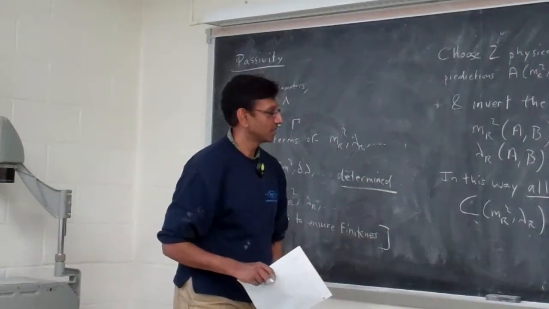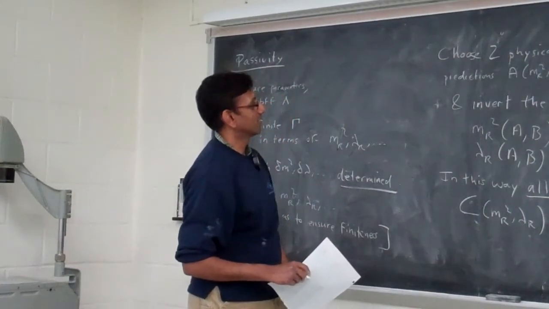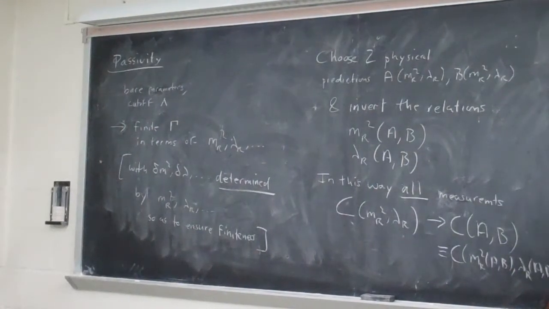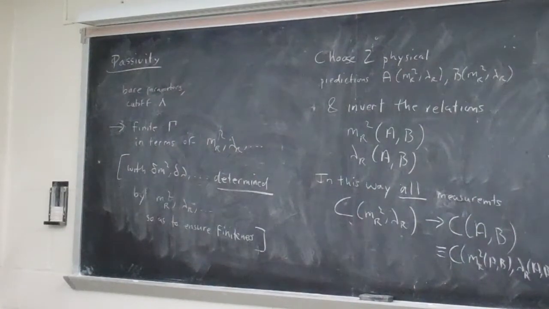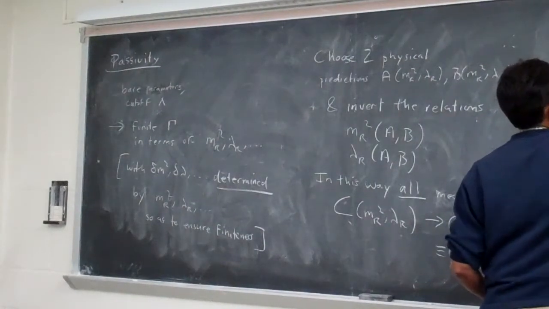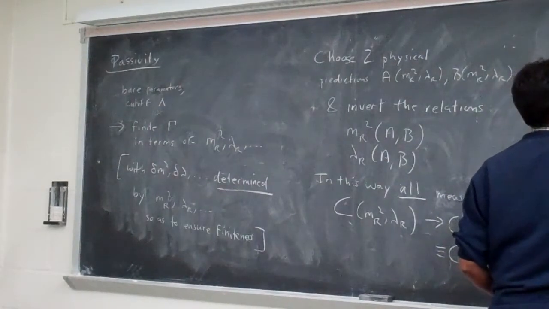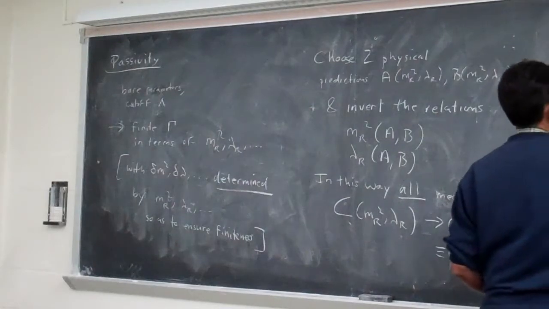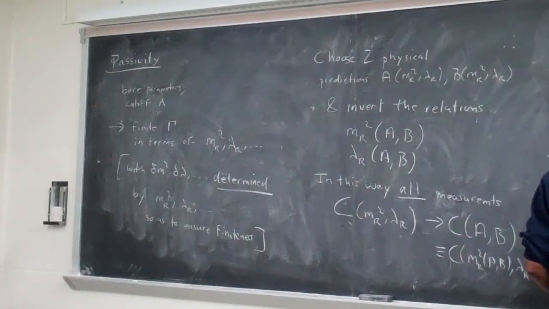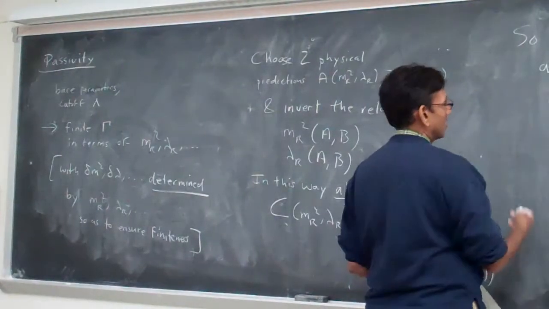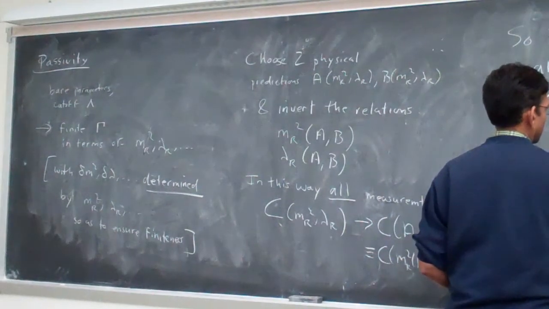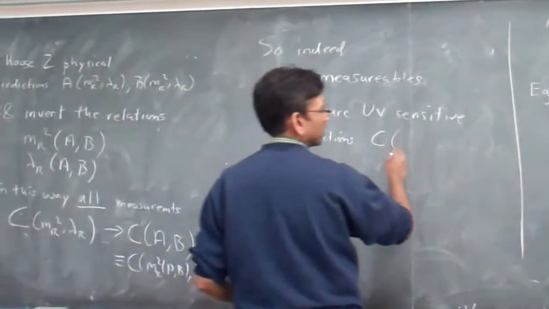What you're observing is that indeed, all measurements, measurables C, are UV sensitive, or at least most of them, or without proof, any of them could be UV sensitive functions C of the bare parameters.